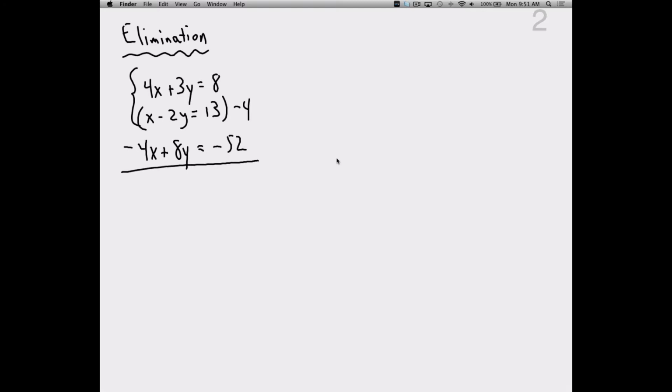Now, you don't want to subtract, you want to add. Okay. So what's 4x plus -4x? 0. Goes away. What's 3y plus 8y? 11y.